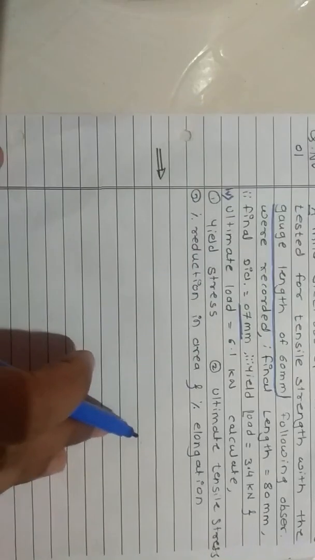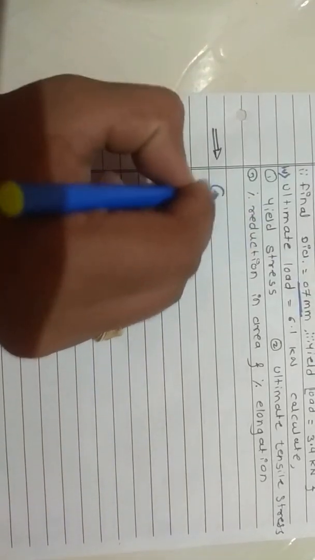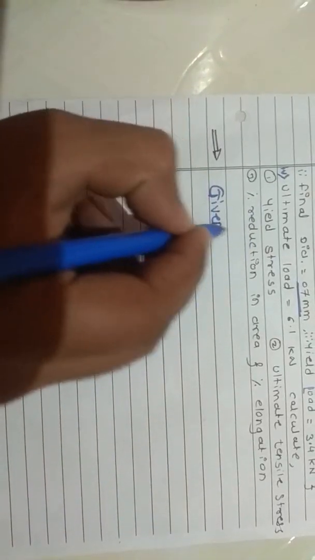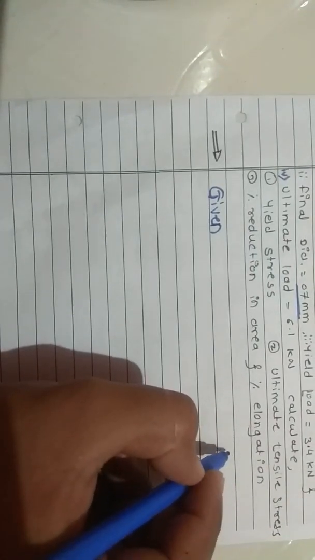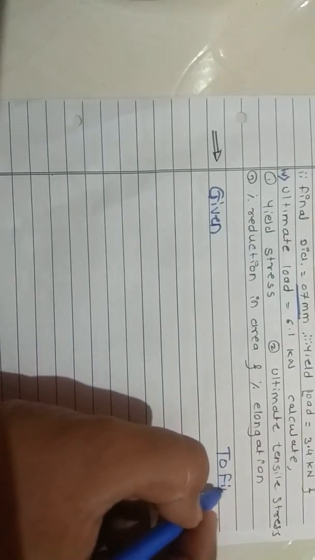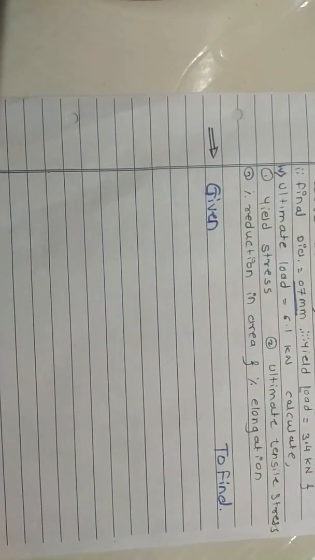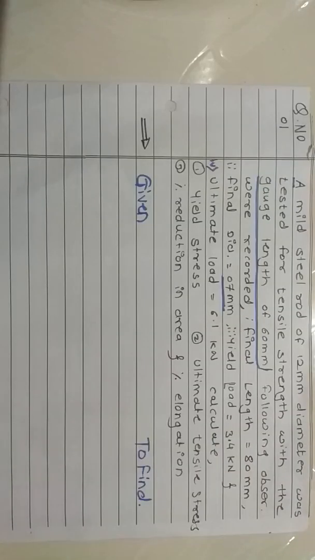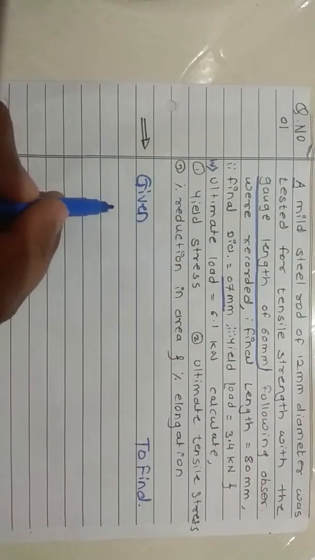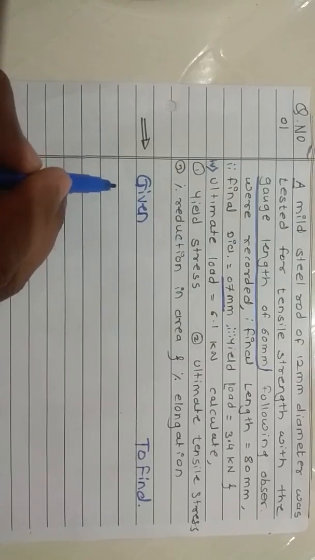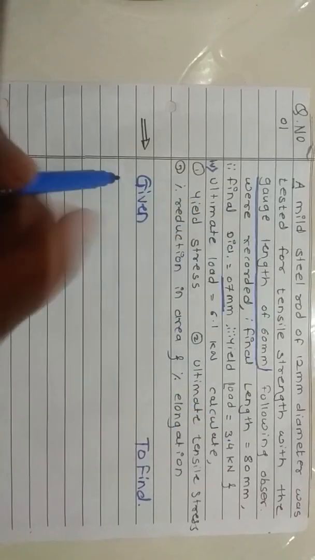This is our statement, and after that we have to write the given data first, and we have to write what is to find in our answer sheet. Now in the first stage we have to write the given data which we have in this statement.